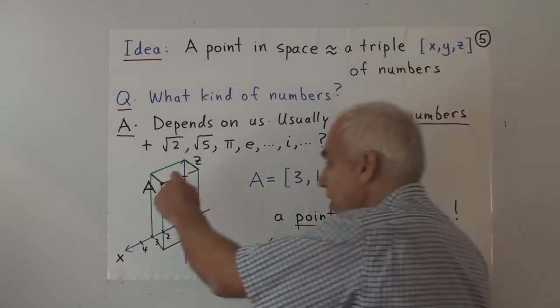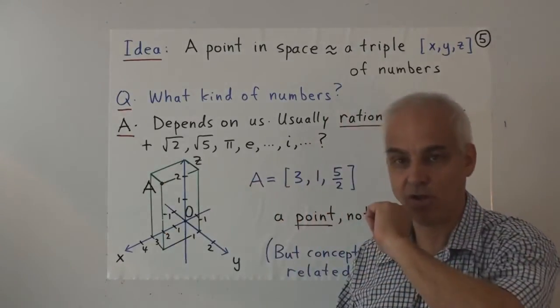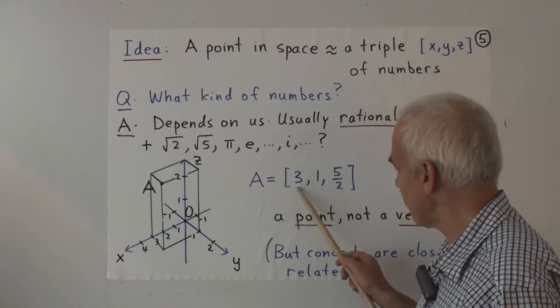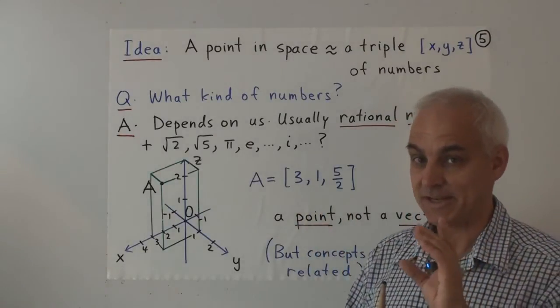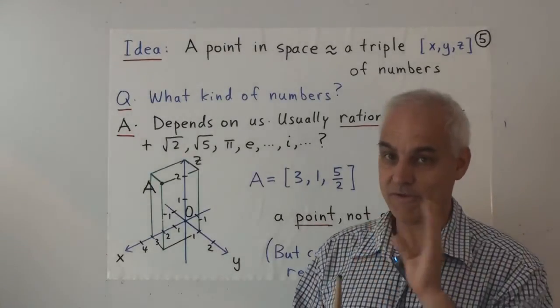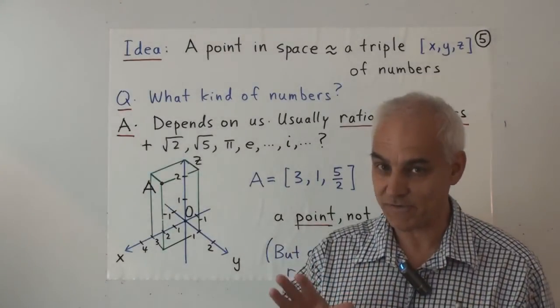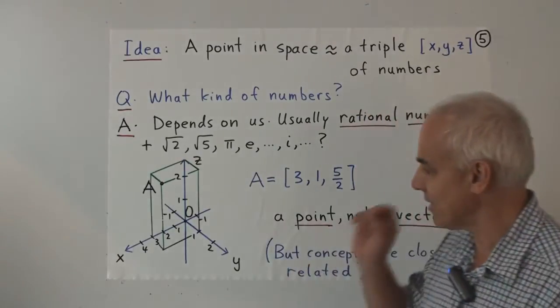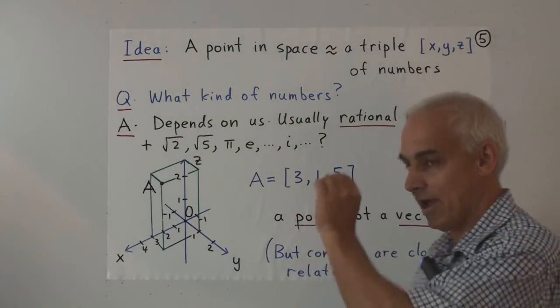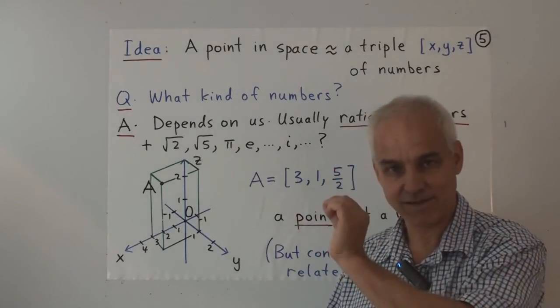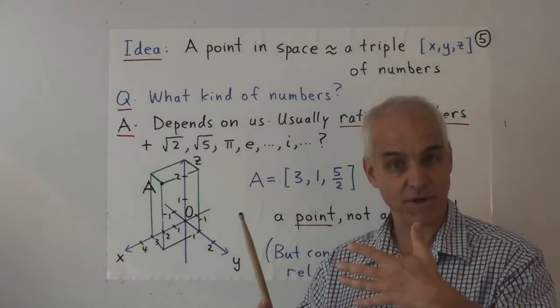Now, this point is going to be called the square bracket 3, 1, 5 halves. It's a point, not a vector. This is different from what we were doing before. It doesn't look too much different, but conceptually it's different. We are now thinking about the nature of space, how we start off the theory.